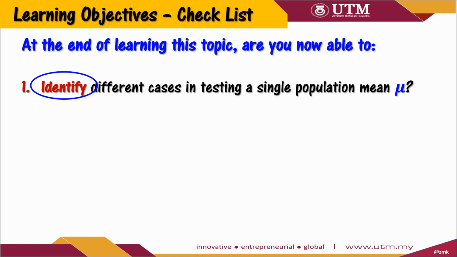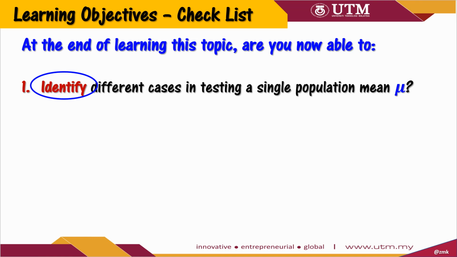Remember, the 3 cases have to start with whether you know the population variance sigma squared or population standard deviation sigma or not. If you know, then instantly it is case 1, else look at the sample size. If the sample size n is large, you have case 2. If not, you have case 3.